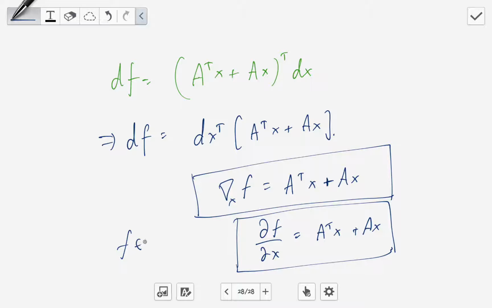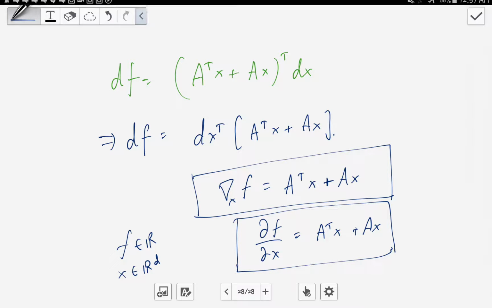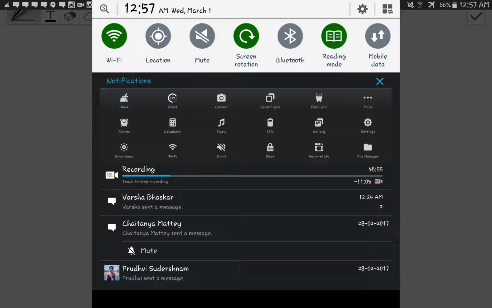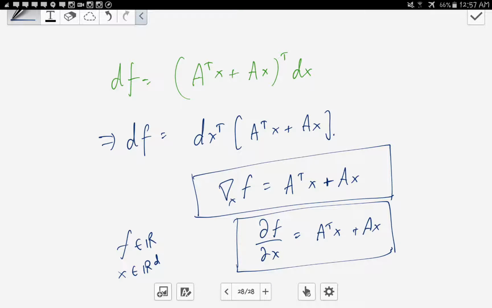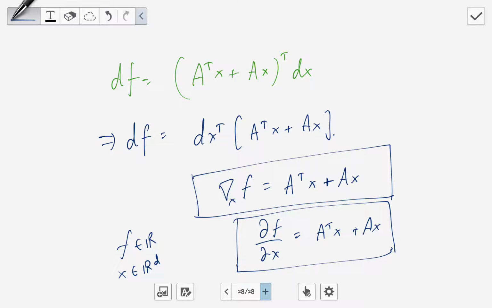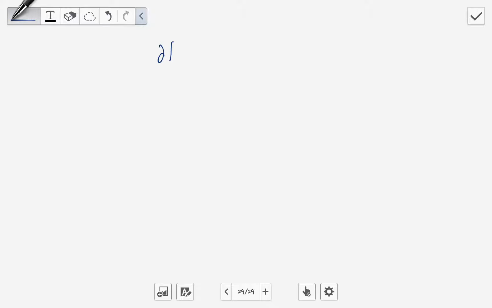Where f belongs to R and x belongs to R^d. Okay. Fine. Now in the special case of A transpose x plus Ax, we can also write it as A transpose plus A times x.